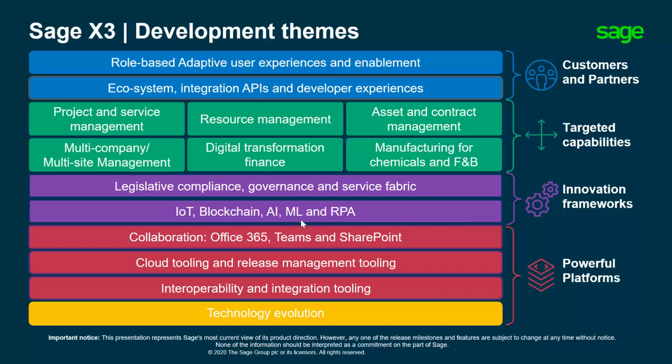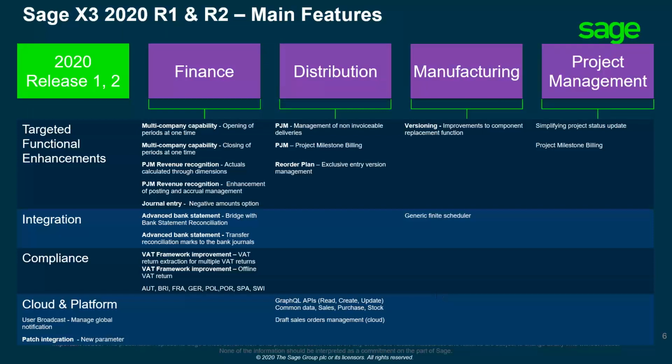Okay, so that X3 is ready in that case. And then the last layer is about providing powerful platforms and of course technology enhancements to enable our customers and our ecosystem to deliver end-to-end processes.